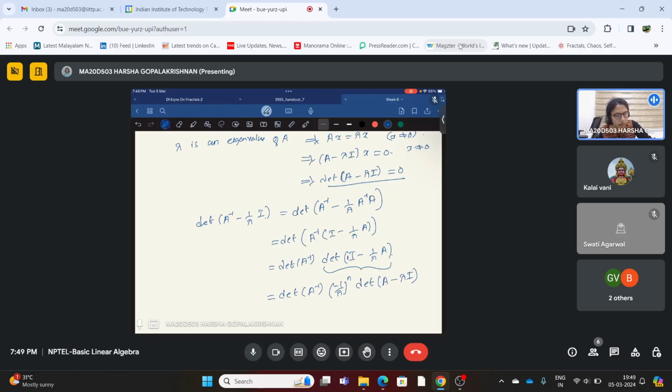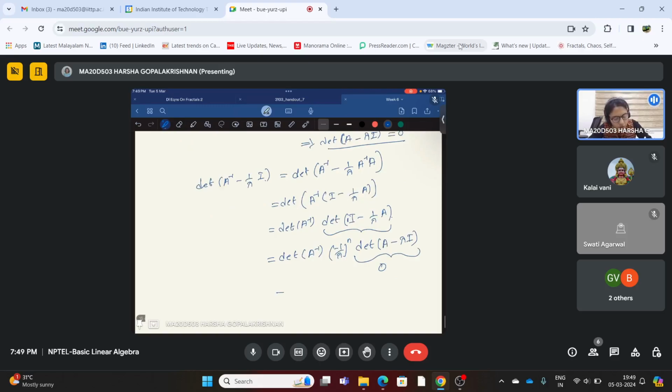So minus lambda remains. Now, what is this value? This is 0 because lambda is an eigenvalue. So the total will be 0. Fine. This implies 1 by lambda is an eigenvalue of A inverse. That's all.